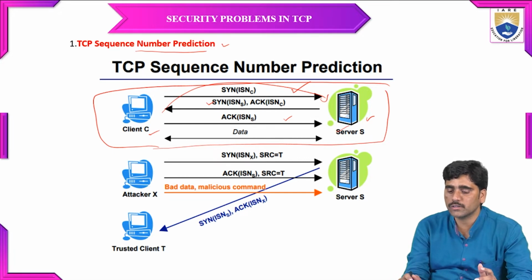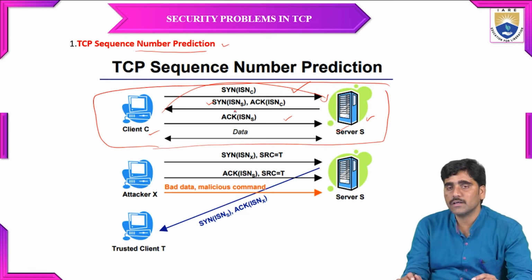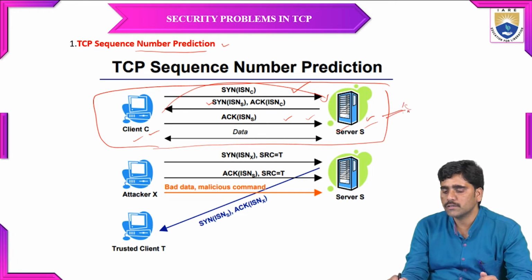Similarly, after receiving the acknowledgement, the client gives an acknowledgement for the response. Now the server provides a communication between the client and the server to transfer the data. This is the actual communication process that happens in real time.